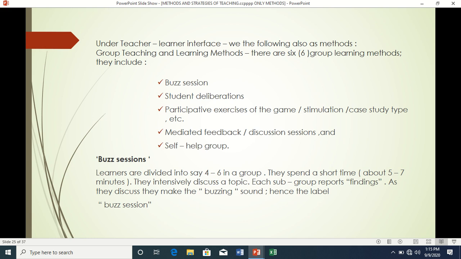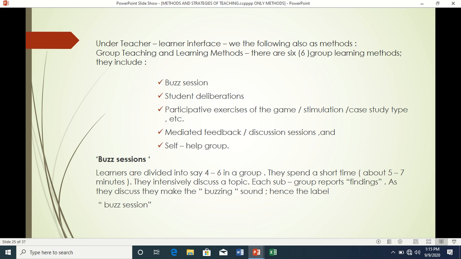And that is why we are advised to ask ourselves, have our students understood the topic, the concept, the idea that we are teaching? So as we continue with the teacher-learner interface, we come to 6 types of methods that we can use to teach when we are operating on the teacher-learner interface.